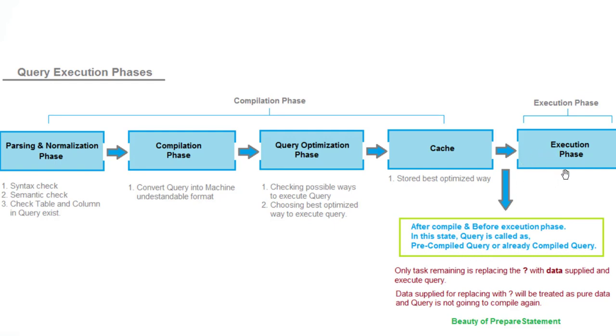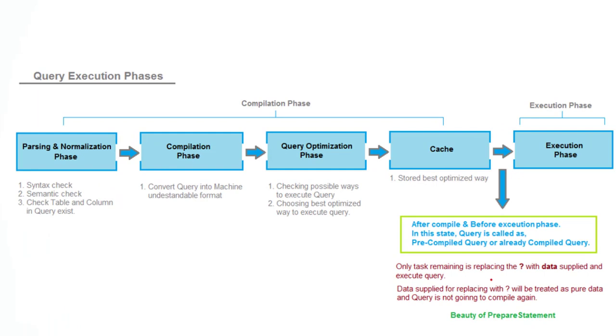Once it is in the execution phase, whatever placeholders you have given, I have given 3 placeholders, so for all 3 the values will be added. For your party, if VIPs are coming, you will be attaching stickers to the chairs, right? In the same way here we are attaching question marks, and based on the data type, values will be assigned to that particular question mark. See here, data supplied for replacing the question mark will be treated as pure data and the query will not compile again.